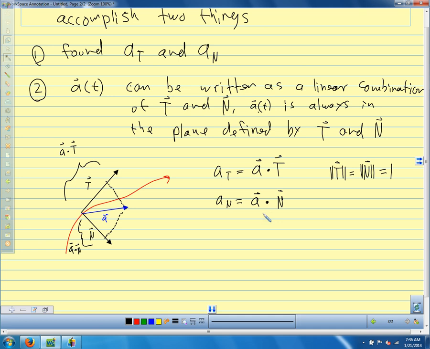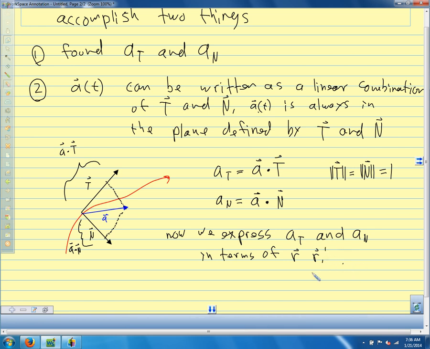Because what we normally want to do is express the tangential and normal components of acceleration in terms of r prime and r double prime. We don't want to have these unit tangent vectors and unit normal vectors in there. So we want to express these components of acceleration in terms of our position vector, our velocity vector, and our acceleration vector.